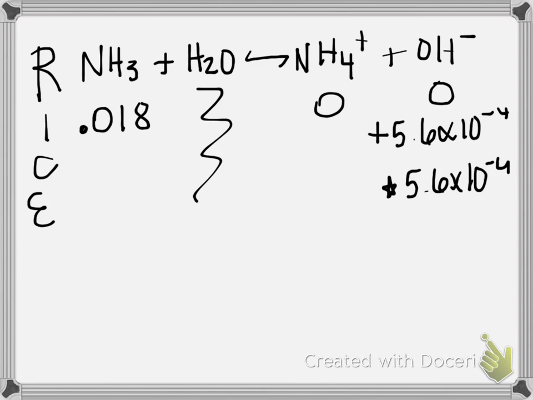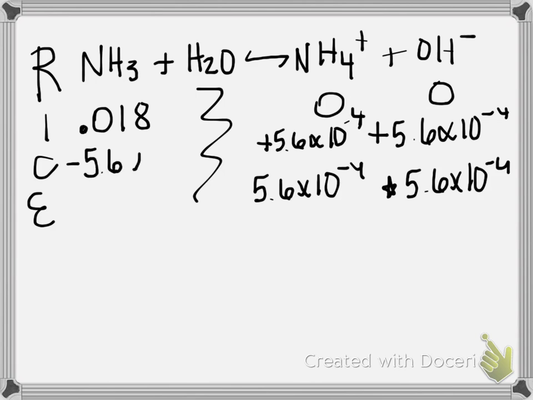And that means that it's going to be the same change for the NH4 plus right next to it, plus 5.6 times 10 to the negative 4. So that's its final value, 5.6 times 10 to the negative 4. If we gained on the product side, we lose on the reactant side the same amount because the coefficients are the same. So we simply calculate this initial minus the change. So 0.018 minus 5.6 times 10 to the negative 4.